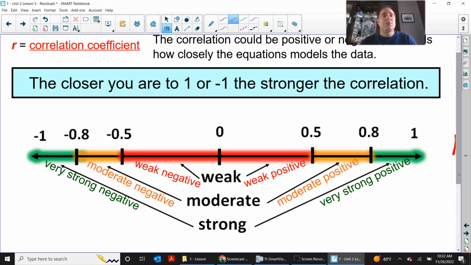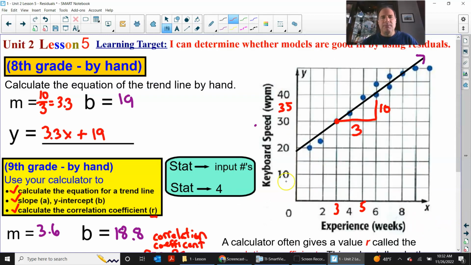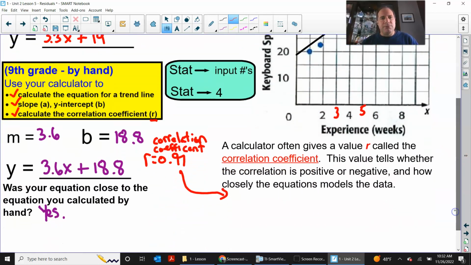So the closer you are to -1 or 1, the stronger the correlation, right? So this is a very strong positive correlation between experience and keyboard speed. There is a very strong correlation between experience in weeks and keyboard speed.